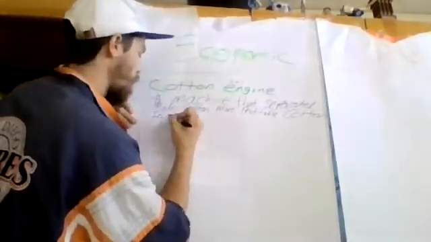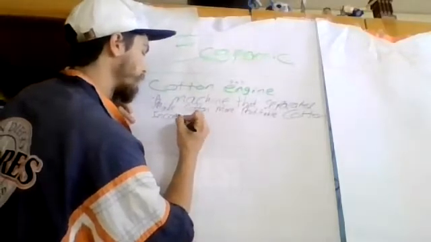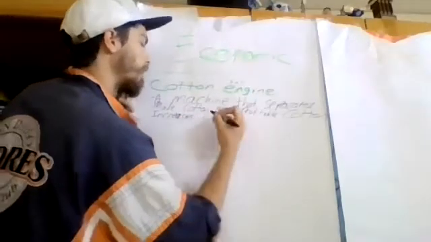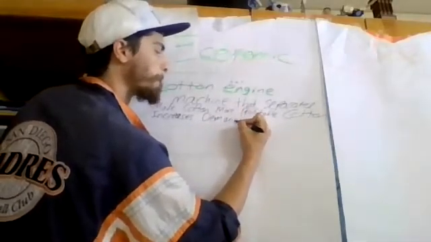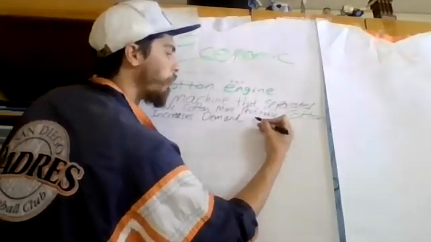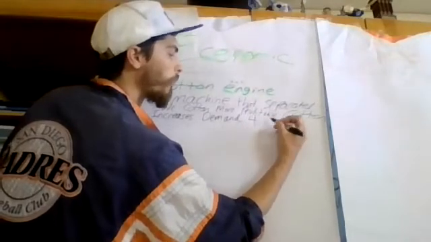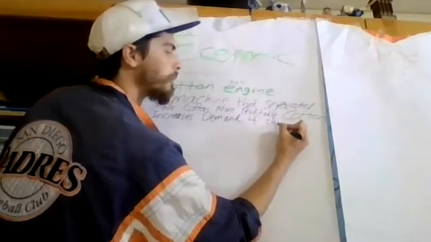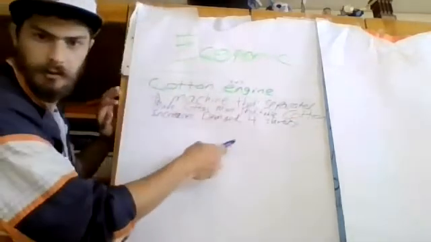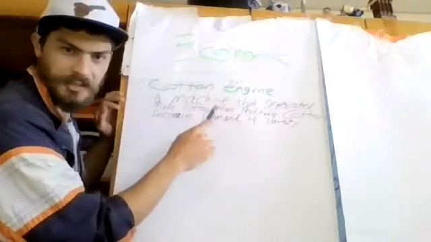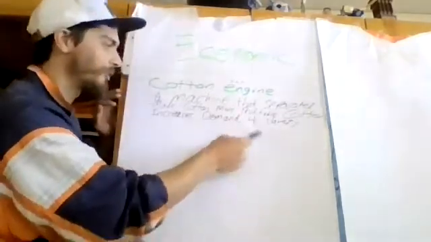So it increases demand for slavery. Can you guys see that? Increases demand for slavery. There's a little line right here where the cabinets are, so I couldn't write it.